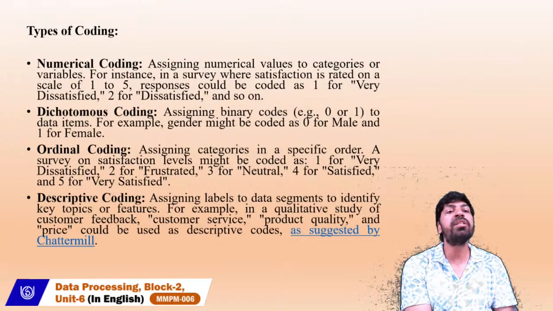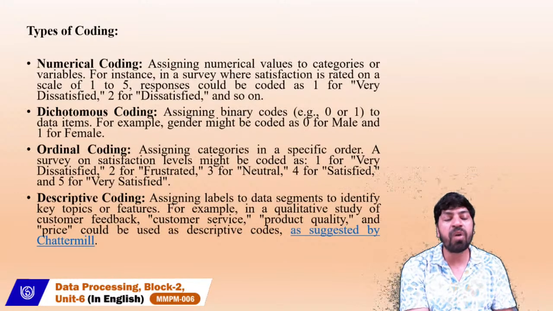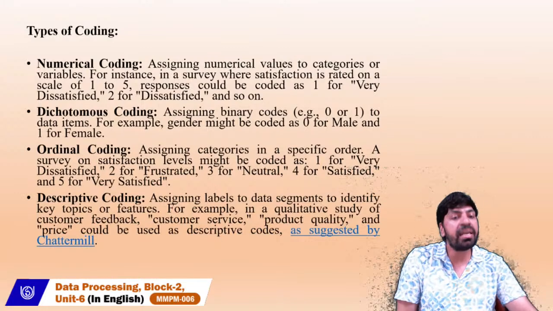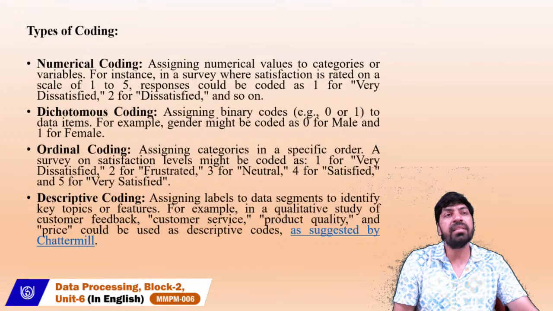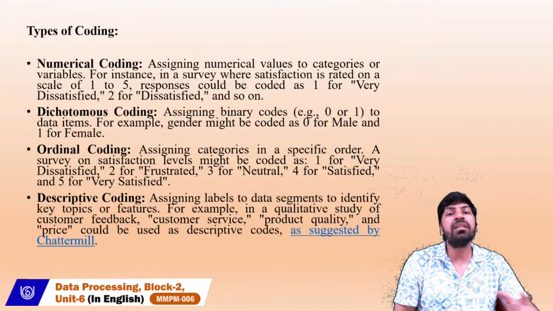Next one is dichotomous coding, when you assign a binary code like 0 or 1 to any of the data variables or data items. Let's take gender, which is classified into male, female, transgender, or other.